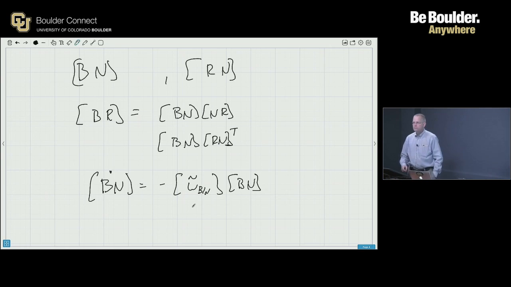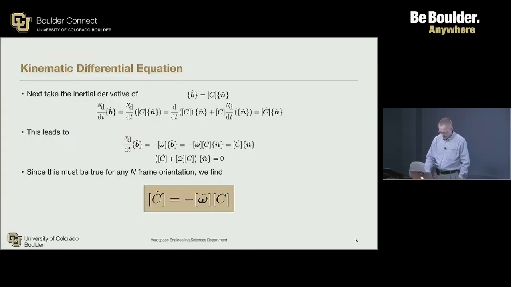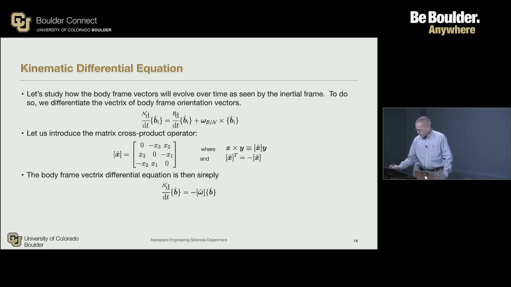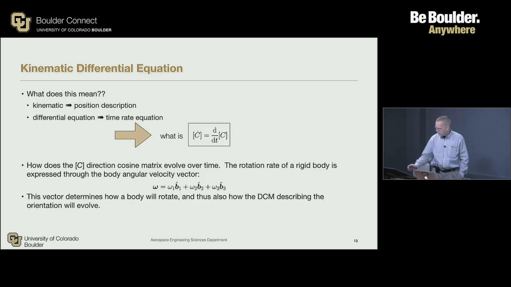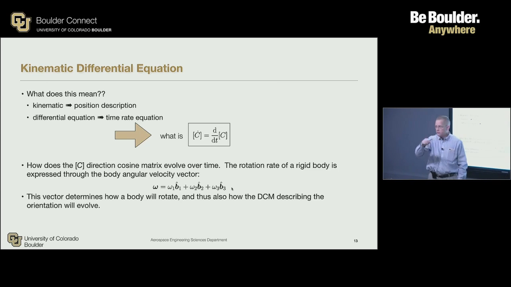It's a subtle detail. If you go back, look at the definition we had here when we created this stuff, and when you derive this stuff, actually, you will always pick omega BN to be expressed in B1, 2, and 3. So this differential kinematic equation, you can make a note, if you have BN dot, then minus omega BN tilde, omega BN has to be expressed in B-frame components. Otherwise, things are flipped. Again, it seems trivial now.